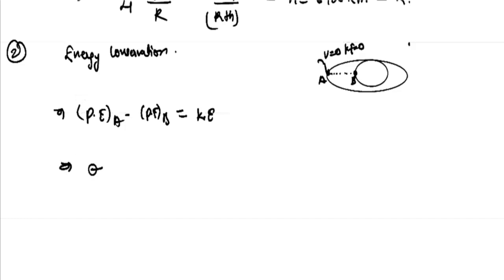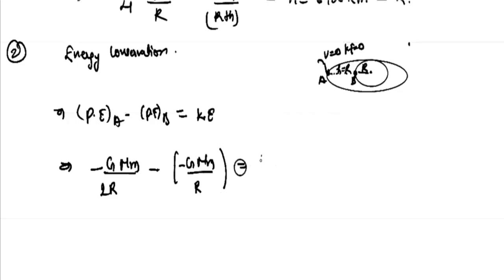At point A the potential energy will be equal to minus GM by 2r, because this is also r and this is also r, because this is h and here we have found that h is equal to r. So it will be 2r, minus again minus GM by r from point B, it is r. That is equal to the kinetic energy, which is half mv square.